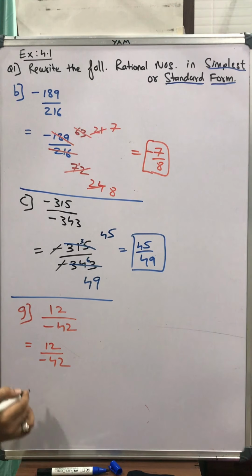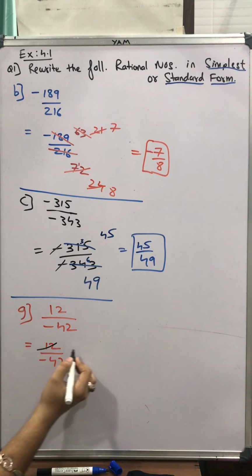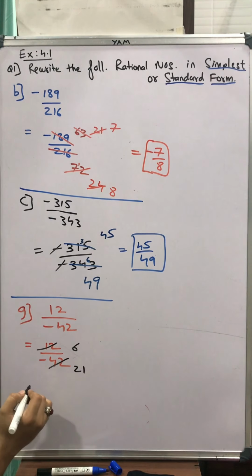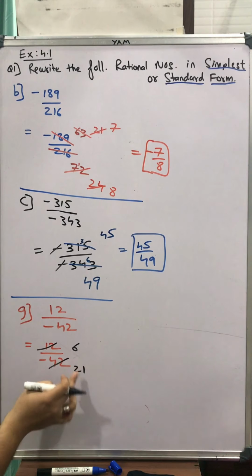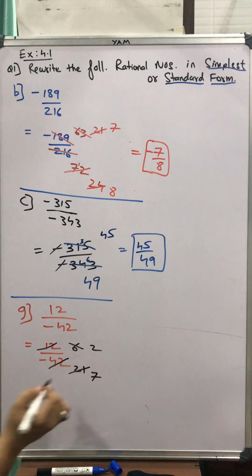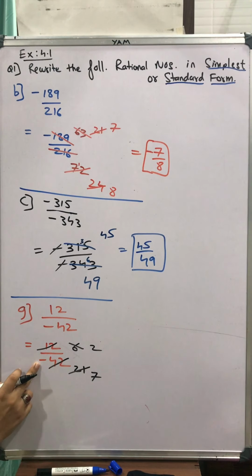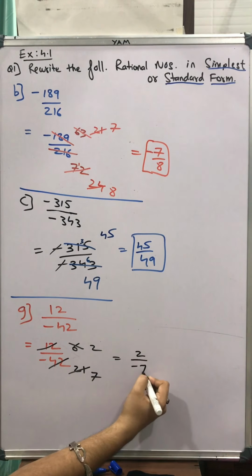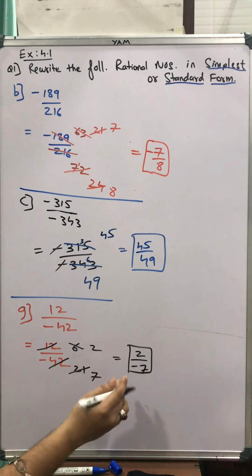Both are even numbers, so let's start with 2. 2 sixes are 12, 2 twos are 4. Once again both numbers go in 3. 3 twos are 6, 3 sevens are 21. Don't forget this minus sign, and the minus sign is in the denominator, so you can write 2 upon minus 7.